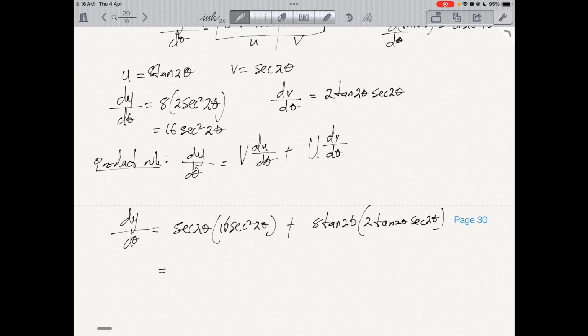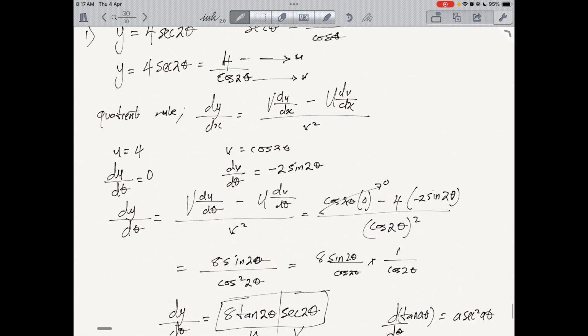Now, if you open the bracket, we have 16 sec³ 2θ plus 16 tan² 2θ, multiplied by sec 2θ. And this is d²y/dθ².